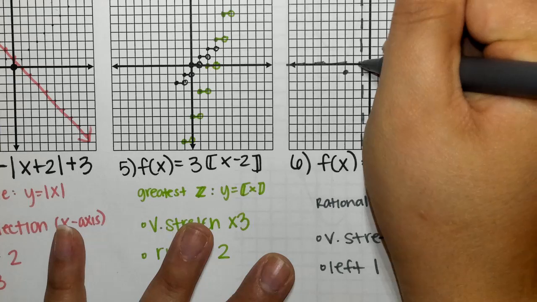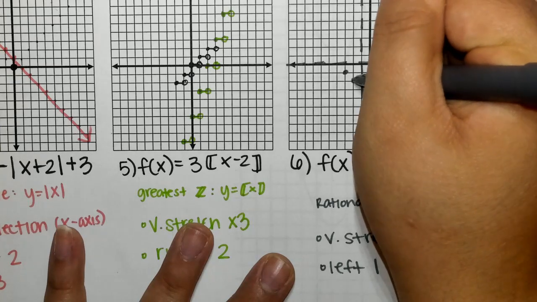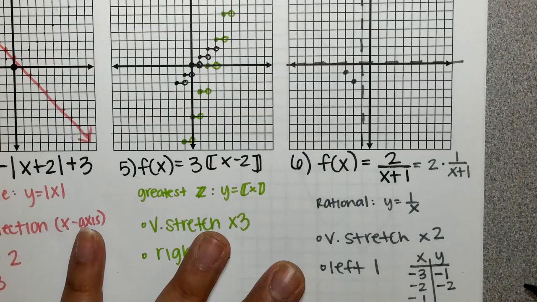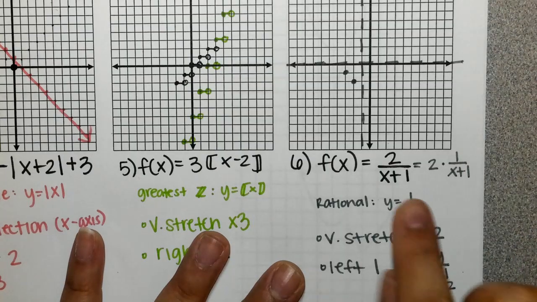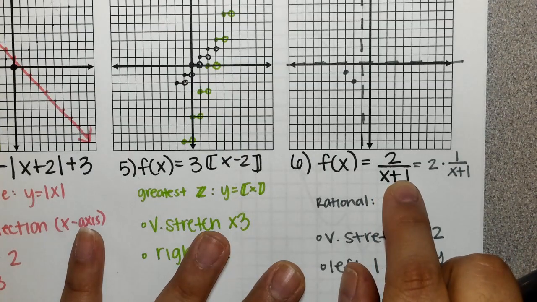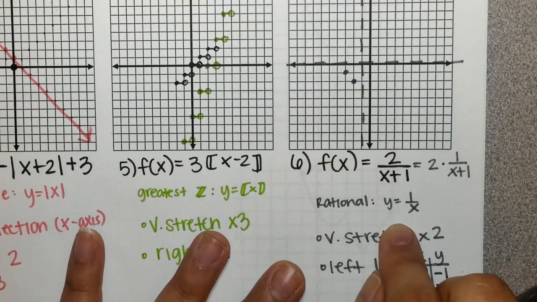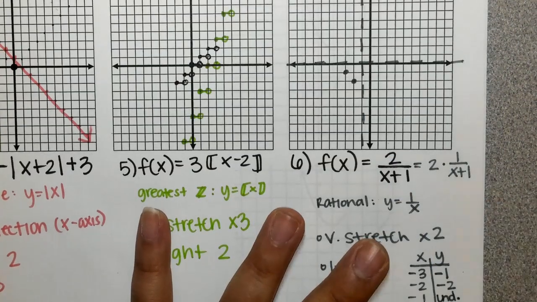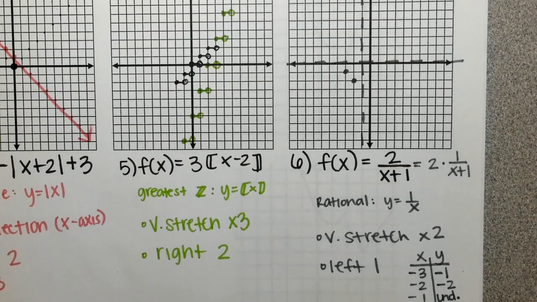So plot -2, -2. What about -1? What is -1 plus 1? What is 2 divided by 0? Undefined, which is why we have an asymptote right there.